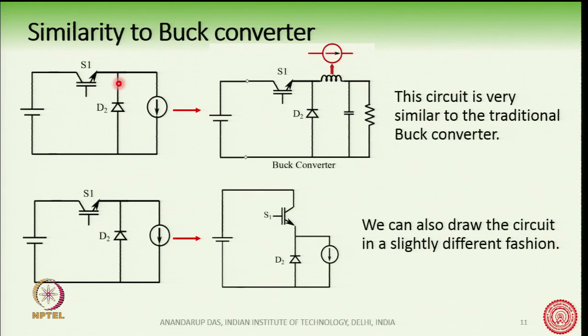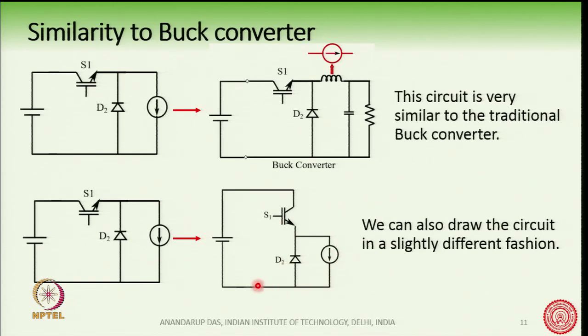So, I can also redraw this circuit a little bit differently. It is the same circuit, but I have drawn it slightly differently, as I am showing here. I have placed the switch in a vertical position, the diode here at the bottom, and the current source like this.